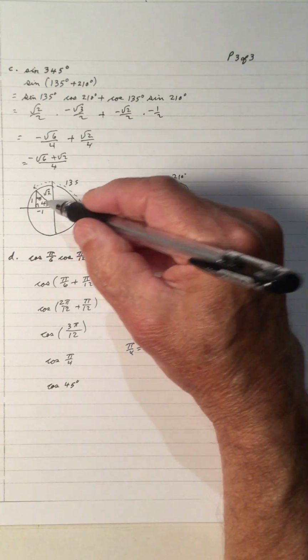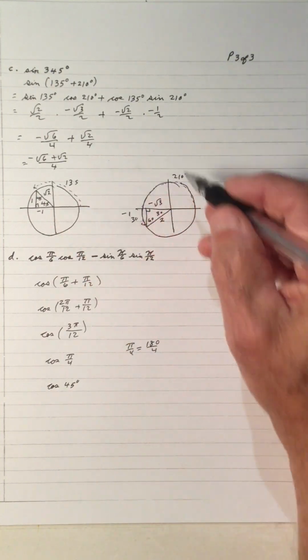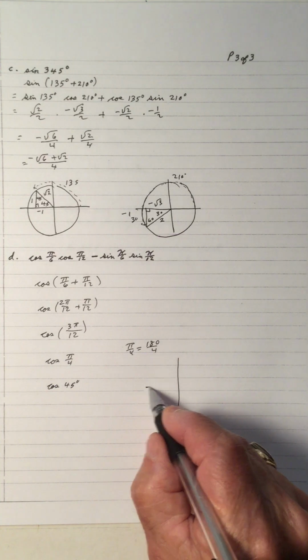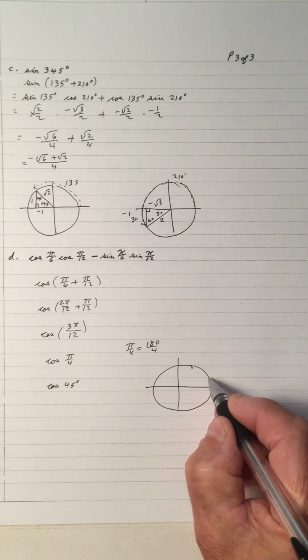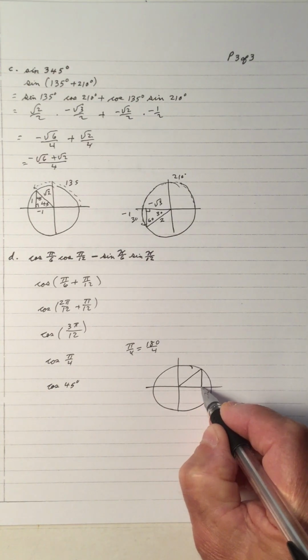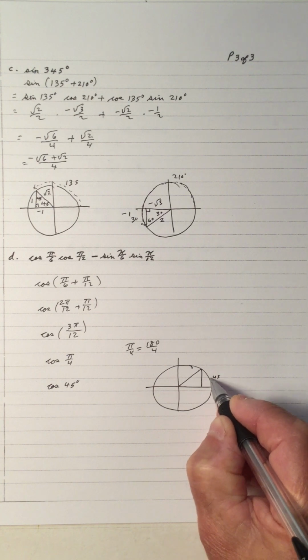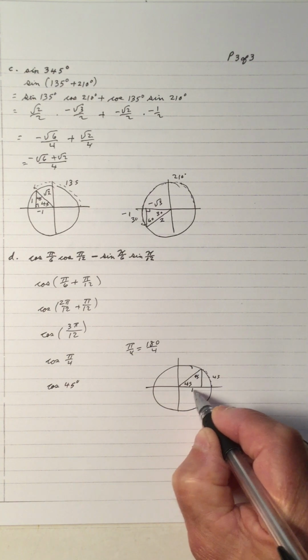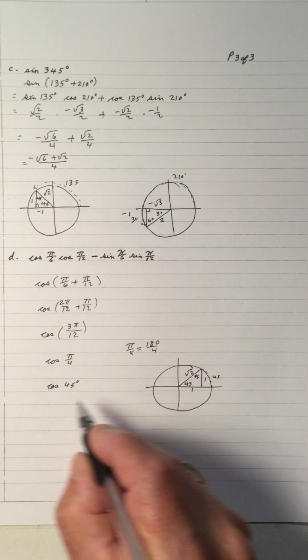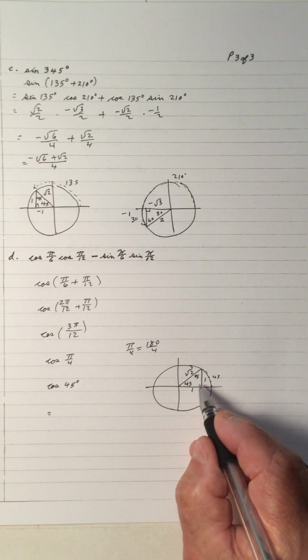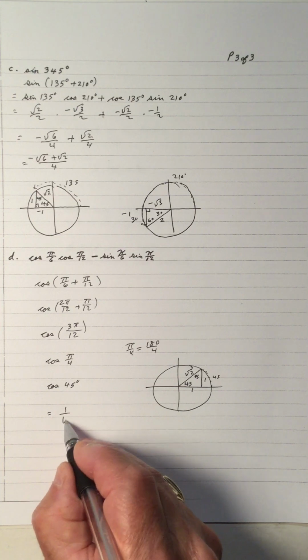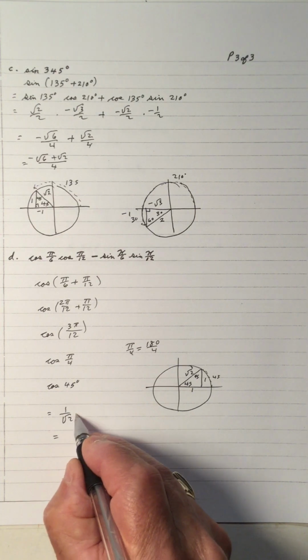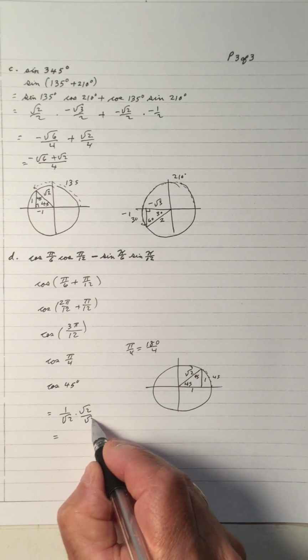And the cos of 45, just look back up here, and we got a 45-degree angle again. Here's the terminal arm. There's a rotation of 45. This is 45, 45, 1, 1, root 2. And the cos of 45 is adjacent over the hypotenuse, which is 1 over root 2, multiplied by root 2 over root 2.